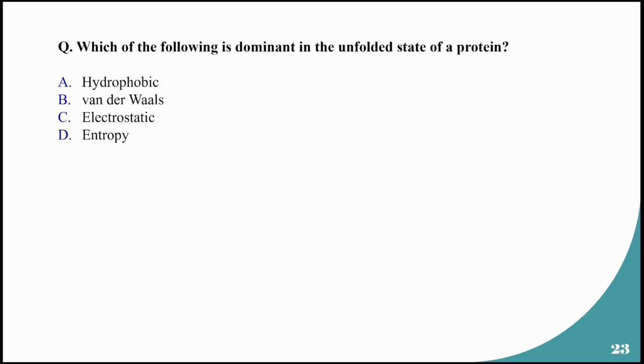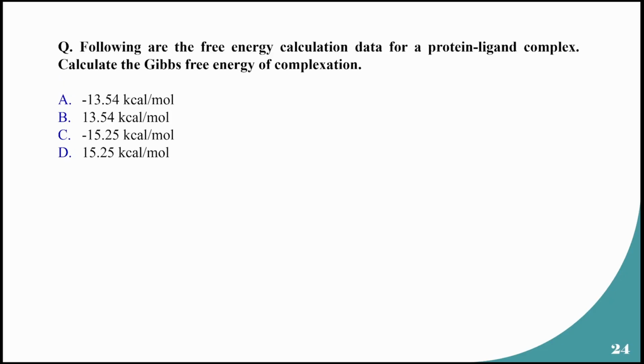Of course, we know the entropy, right? Entropy means the measure of disorderedness. In an unfolded state, since there is a higher level of degrees of freedom, you will see that entropy will be very high in this particular case, right?